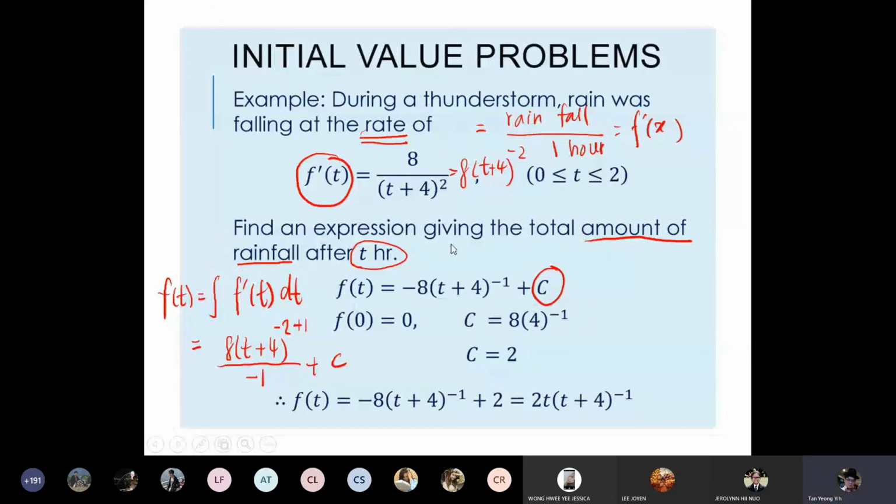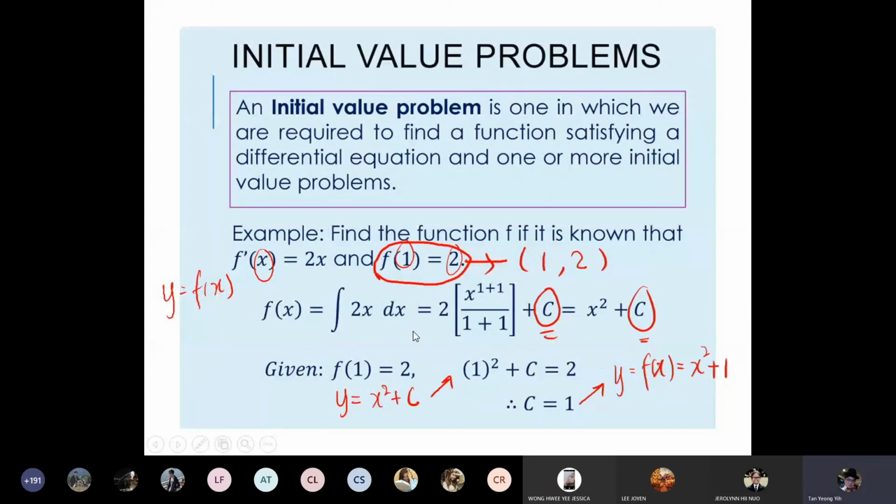The 0 to 2 is the interval of t, 0 hour to 2 hour. But do we have one point like this? Do we have a point like this? No, we don't have one here. So how do we proceed? Use common sense in this case.